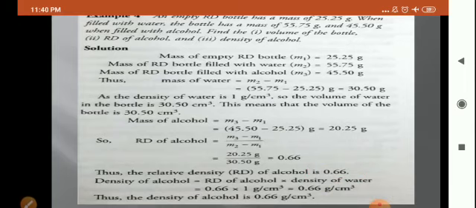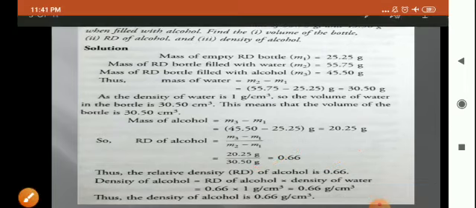Means if you want the actual value of the alcohol or unknown liquid, you need to multiply the RD value by the density of water. So what was the RD value? 0.66 into density of the water at 4 degrees Celsius, 1 gram per cubic centimeter. That is, your value is 0.66 gram per cubic centimeter. Therefore, the density of the alcohol is 0.66 gram per cubic centimeter.